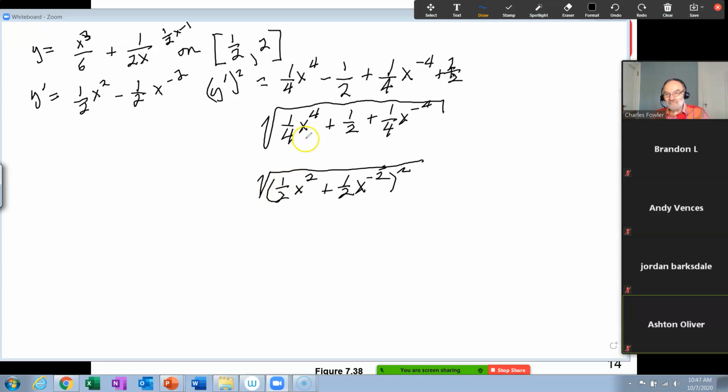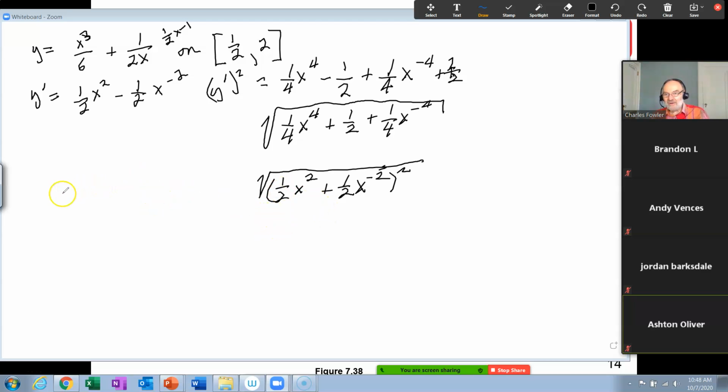Okay, check that and see. Square this, you get 1/4 x to the 4th, twice the product here. The product would be 1/4. Those two multiply to be 1. 1/4 twice that product will be 1/2, and then this squared will be that. Sure enough, that is a square root of a perfect square, and therefore we can lose the square root.